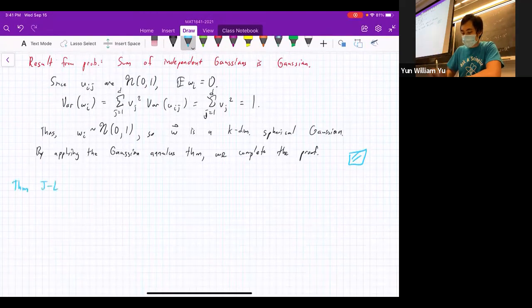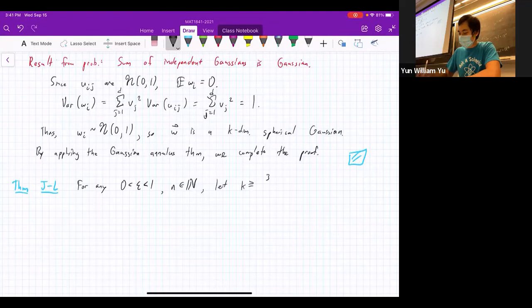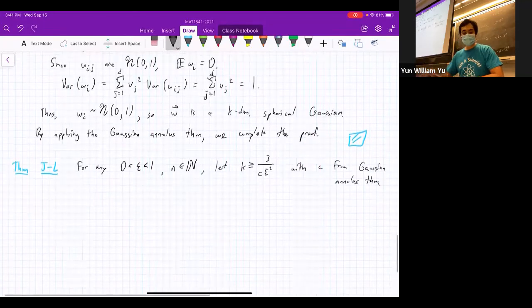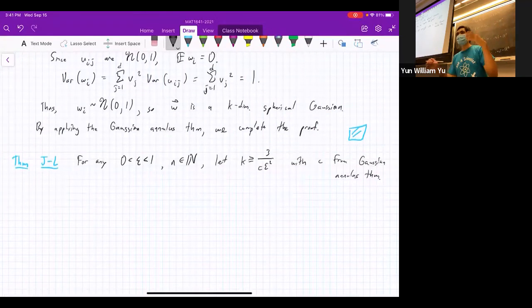Theorem, Johnson-Lindenstrauss, JL: for any epsilon greater than 0 and less than 1, and any integer n, we're going to let k be greater than or equal to 3 over c epsilon squared, with c from the Gaussian Annulus Theorem. So we're going to take that constant. Obviously, if you make your Gaussian Annulus Theorem tighter, then that translates here.